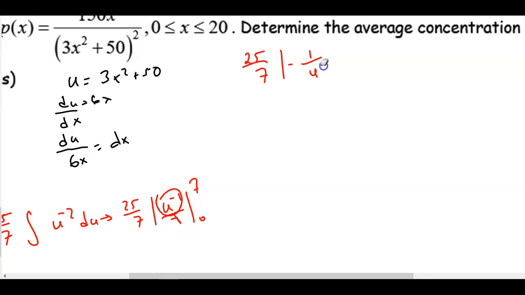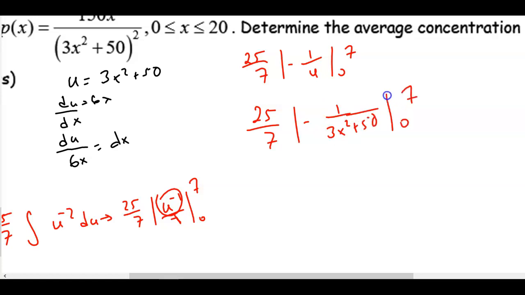But we still have that -1 here. 0 to 7. And then I just plug in u, so -1 over 3x squared plus 50 from 0 to 7. And then we're going to evaluate this.